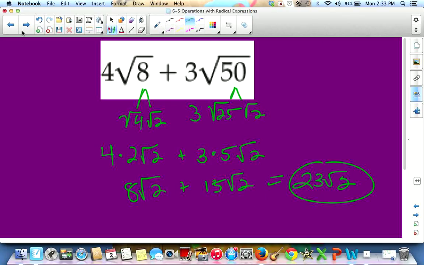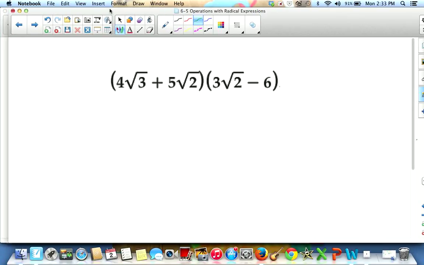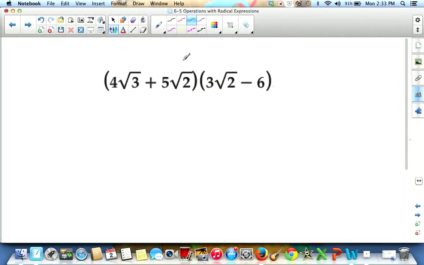Okay, now multiplying. So when you multiply, we're going to be foiling here because we have a binomial times a binomial. So we're going to take the first term. So we're going to take 4 square roots of 3 times 3 square roots of 2. And that's going to end up being 12 square roots of 6.